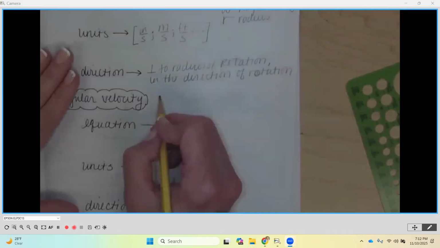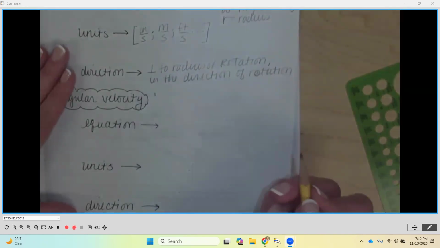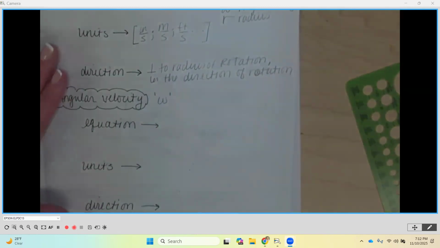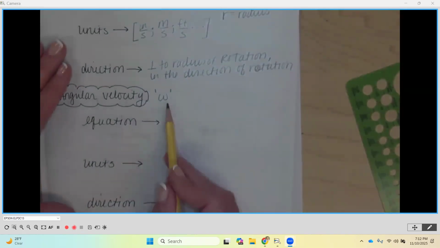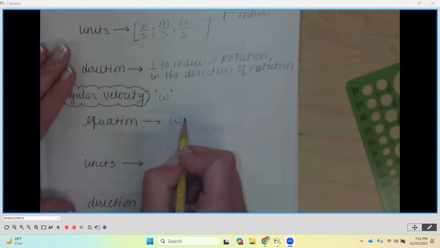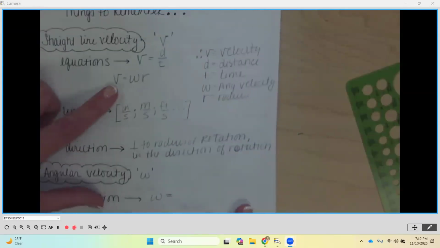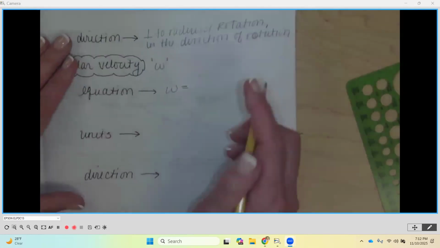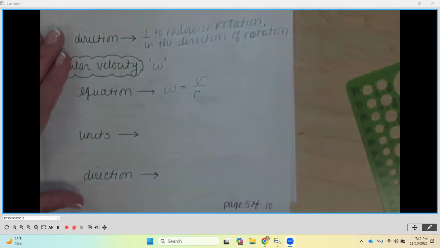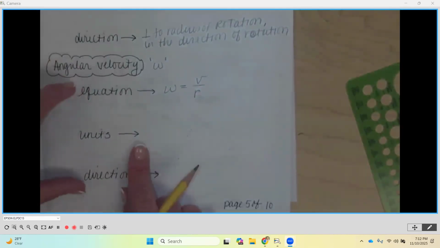Angular velocity. What's our variable for angular velocity? That lowercase omega or W, right? That's going to be our variable. And then what's our equation for W? It's really a rearrangement of this one, right? Yep. Straight line velocity over the radius back to the center of rotation. Units for angular velocity.